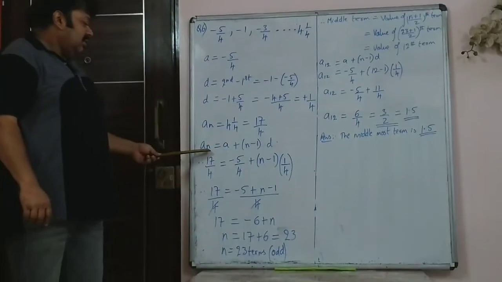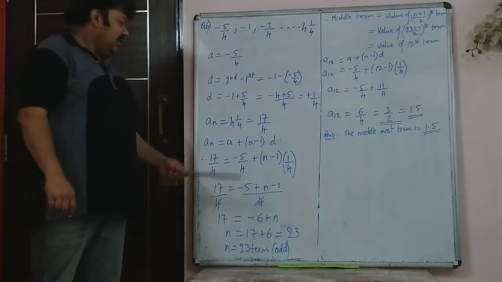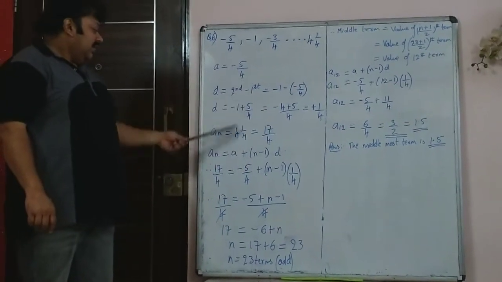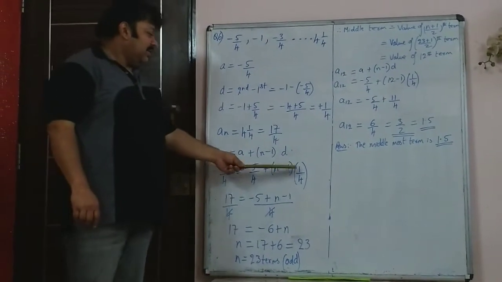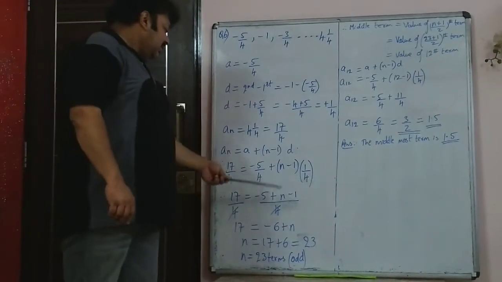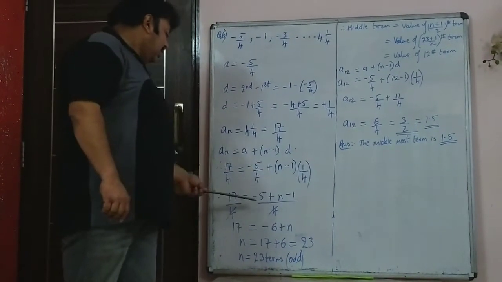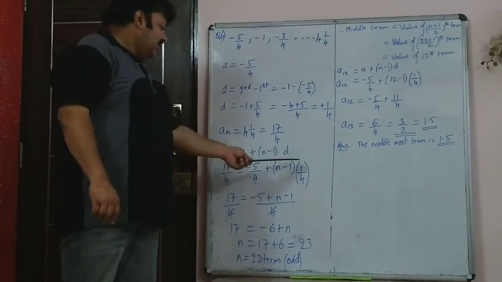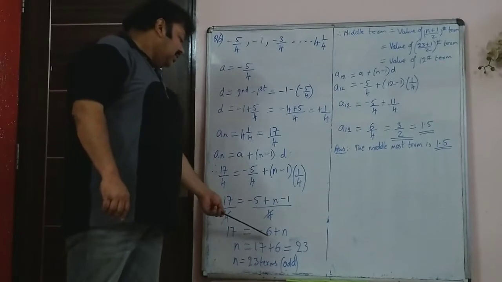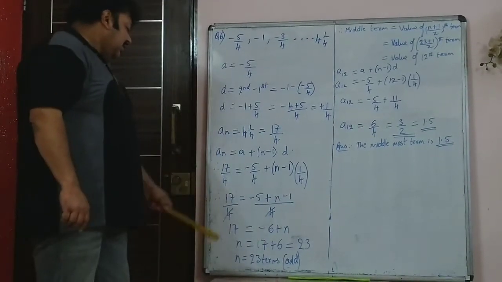So nth term is a plus n minus 1 d. So 17 by 4 is minus 5 by 4 plus n minus 1, d is 1 by 4. So when you open this and take LCM as 4, you will get 17 equals minus 5 plus n minus 1. So minus 5 minus 1 is minus 6 plus n is 17.